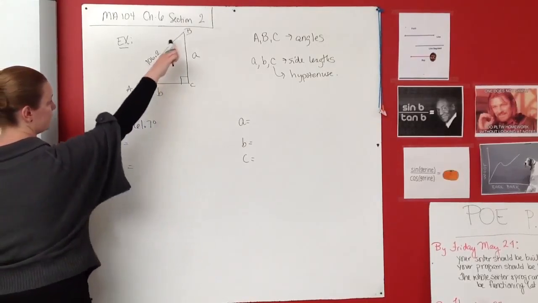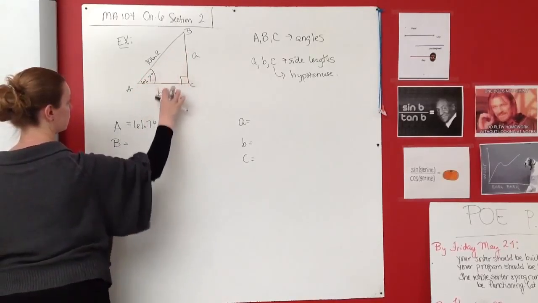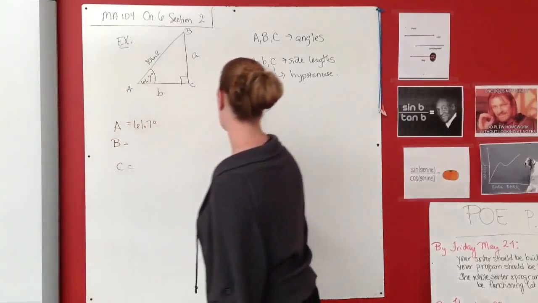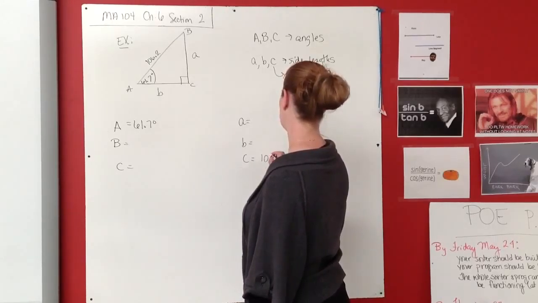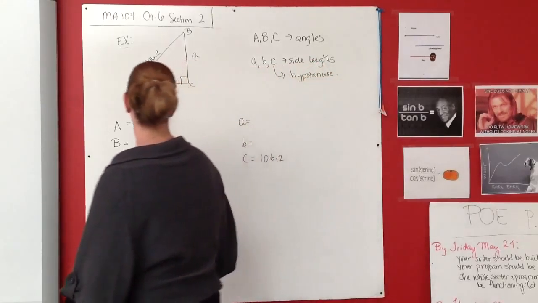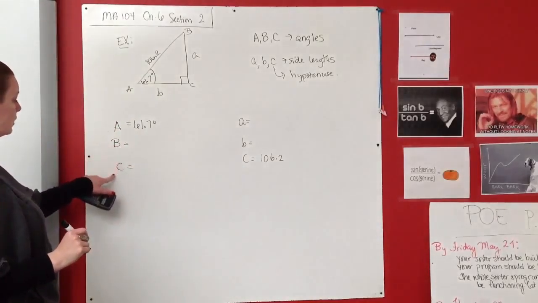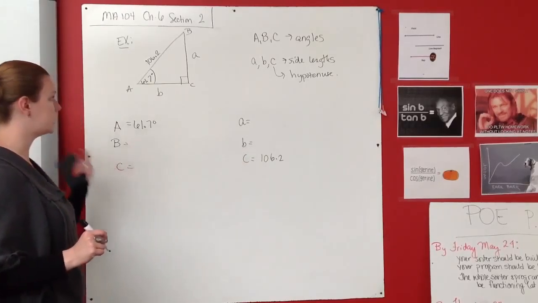We know that length c, notice that each side is opposite the corresponding angle, is 106.2. The unit is irrelevant for a minute. And that's all we have. So we need to figure out how long a is, how long b is, and the measure of angle B and C.